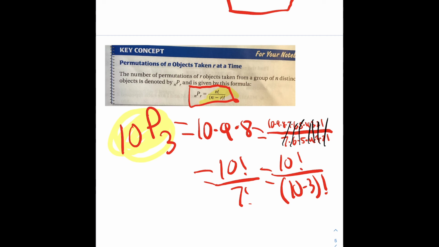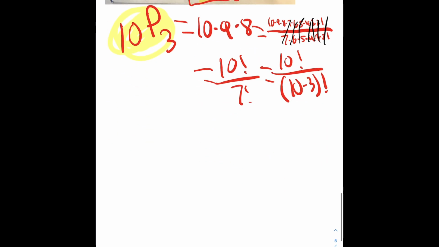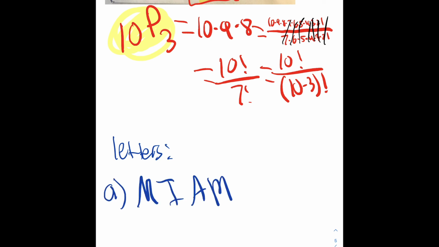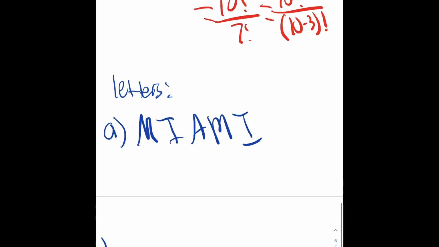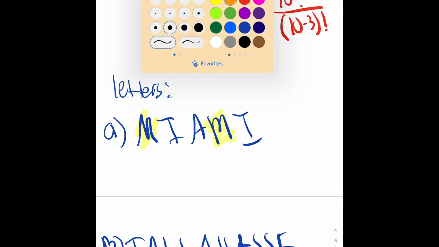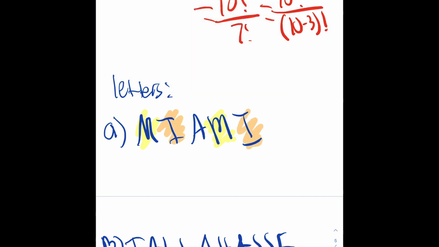If we look at permutations with repetition, let's say we want the number of distinguishable permutations of the letters in Miami. You may have some letters that repeat, and Tallahassee too. Miami has 5 letters, and it has an M that repeats and an I that repeats.